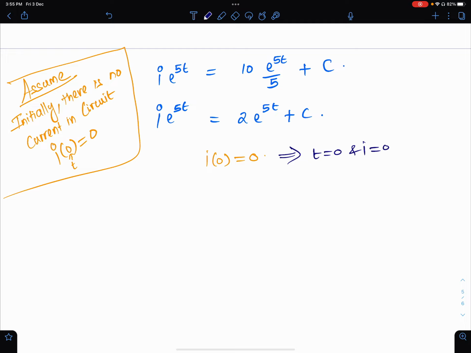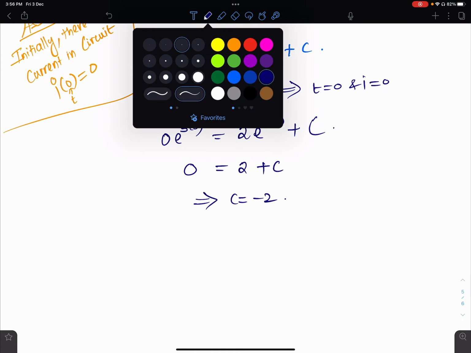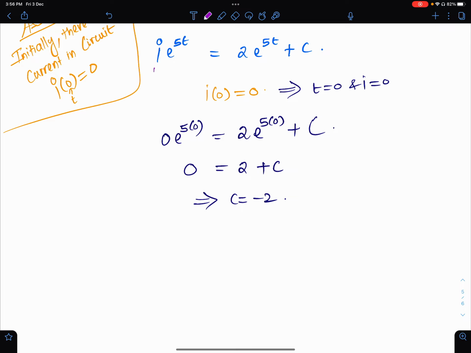Just substitute it: I is 0, e power 5 times 0, equal to 2 times e power 5 times 0, plus c. So 0 equals 2 plus c, which implies c equals minus 2. Now update: I e power 5t equal to 2 e power 5t minus 2.